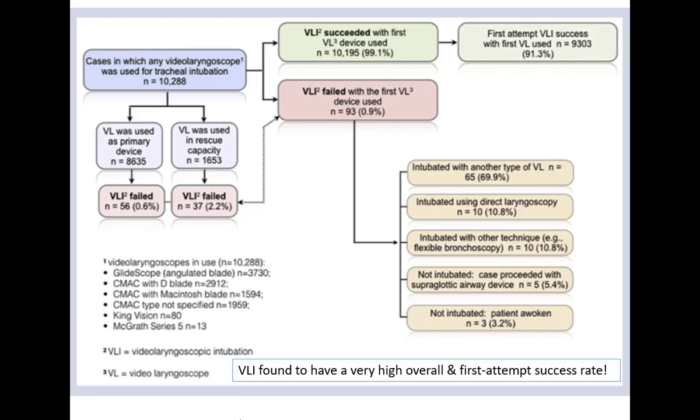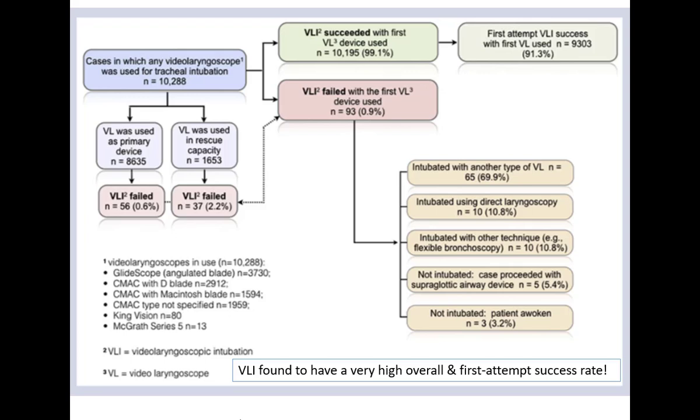They woke up some patients and did not intubate, and they put in an LMA in another number of patients. But none of the patients had any hypoxic brain damage or any brain injury, and this was carried out in the operating rooms. So our success rates are going to be lower than this because we will be working in the ICU. But the idea is, why not work with a device which is better at giving you the glottic view.